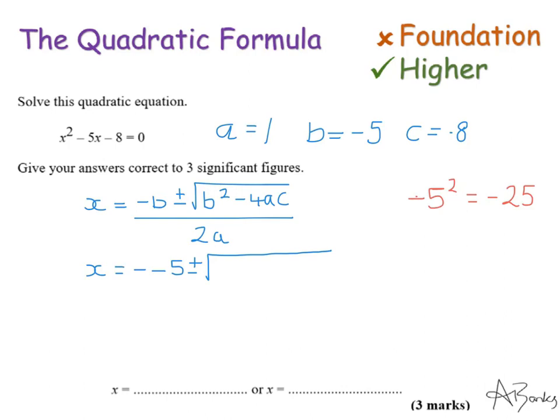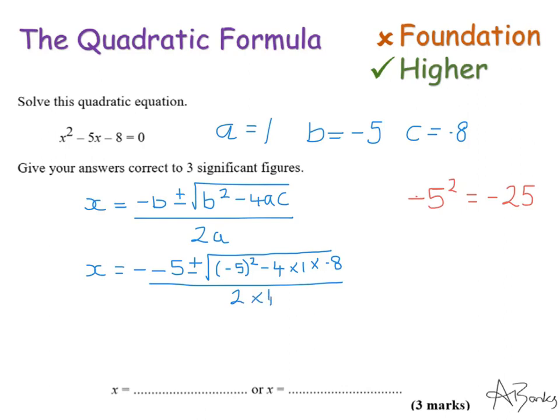So we need to make sure that we put the minus 5 in a bracket and then put the squared, so the calculator knows we want to do the minus 5 squared. So that's why this is a little bit trickier. And then I'm going to do minus 4 times a times c, and that's all over 2a.